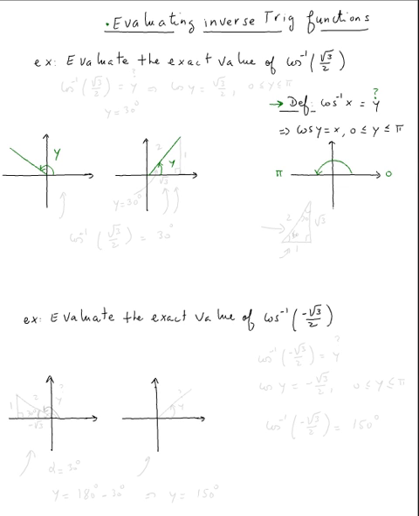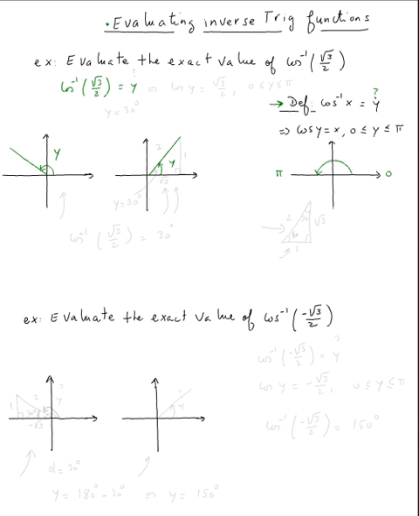So let's do this example. We're looking for cosine inverse of square root of 3 over 2. In other words, we're looking for an angle such that the cosine is equal to square root of 3 over 2.